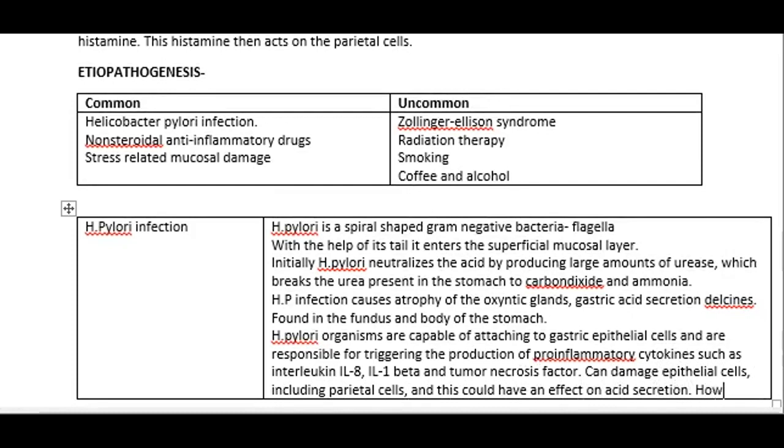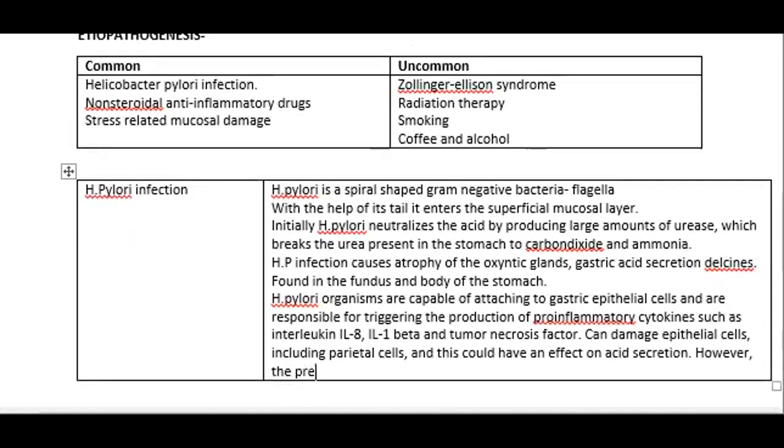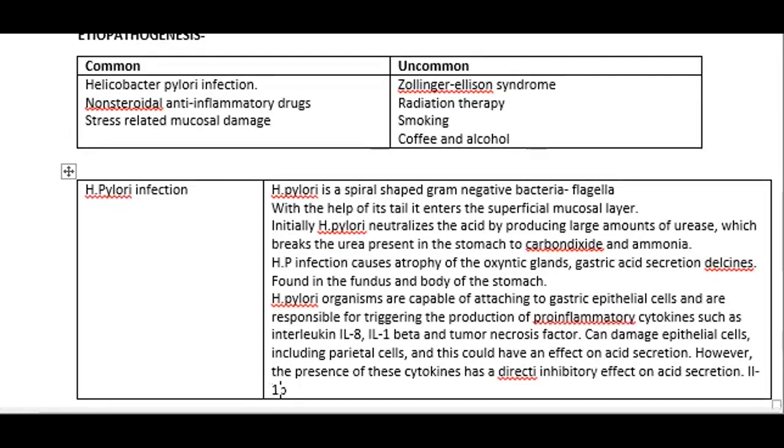However, the presence of these cytokines has a direct inhibitory effect on acid secretion, as the interleukins which are being produced, interleukin 1 beta, is the most powerful acid inhibitor.